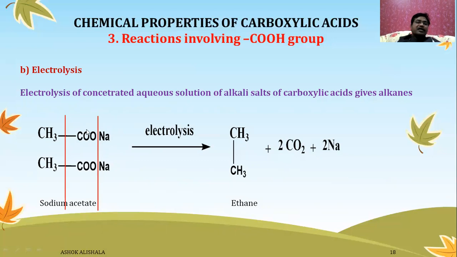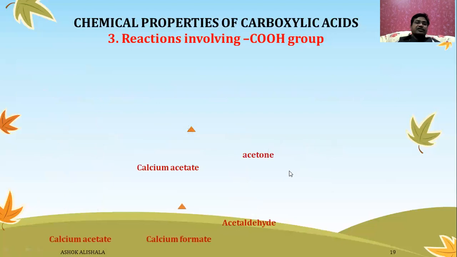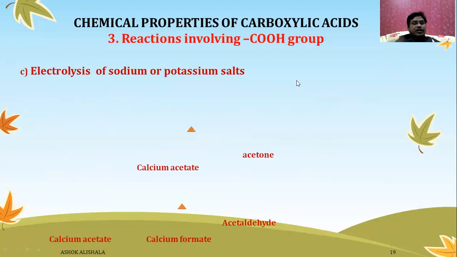This is ethane. In this way, during the electrolysis of a concentrated aqueous solution of alkali salts, we will get the alkane. See, this is what happens during the reaction. Now let us see, the other one is the electrolysis of potassium salts.